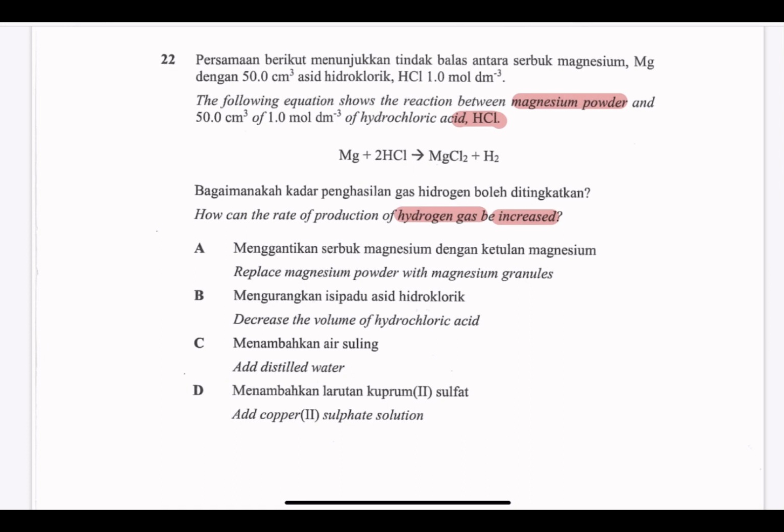Replace the magnesium powder with magnesium granules: this will lower the rate of reaction. Decrease the volume, cannot also. Add distilled water, cannot also, because the concentration of the acid will be reduced. So add copper(II) sulfate, yes, this can act as the catalyst for this chemical reaction.